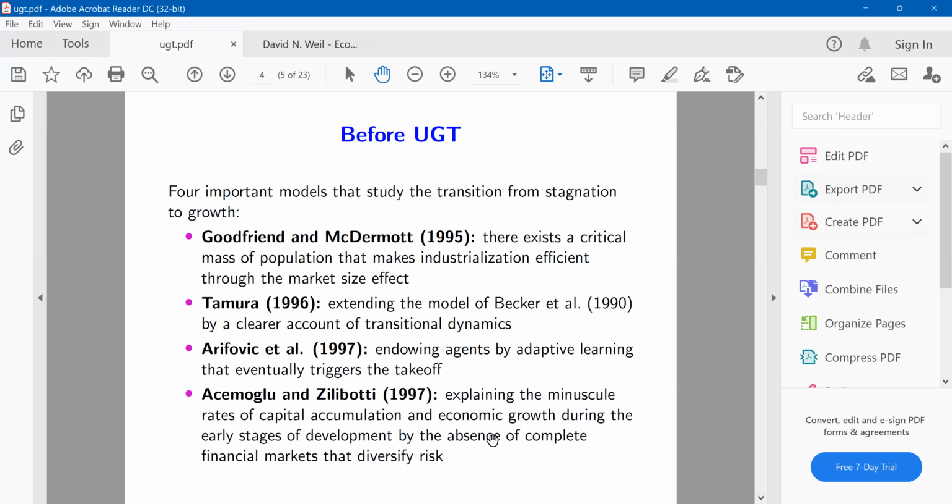But these ideas do not give us what unified growth theory delivers. Because in unified growth theory, we are at time zero, we hit the start button, and eventually, as history progresses, the economy endogenously and gradually leaves the Malthusian trap.